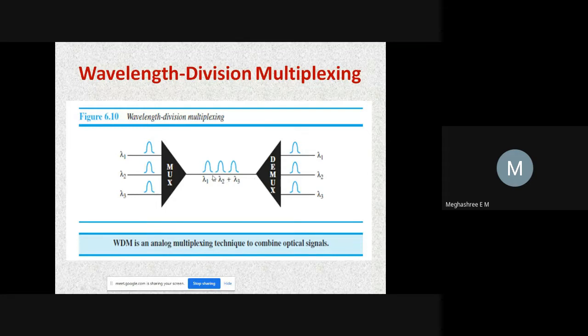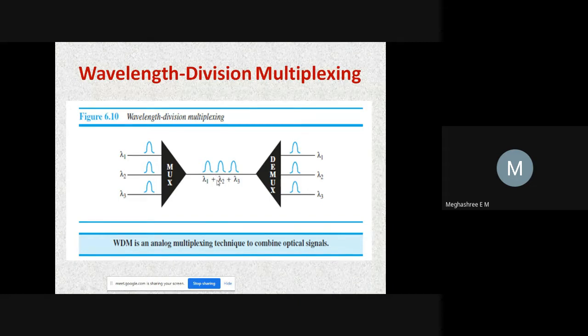Then it is passed over the transmission link, and once it is received at the receiver, the signals are separated by the demultiplexer. So the idea remains the same as FDM, but the initial input lines will be narrow bands of light, and these are combined to form a wider band of light.